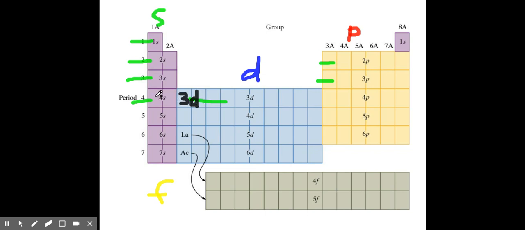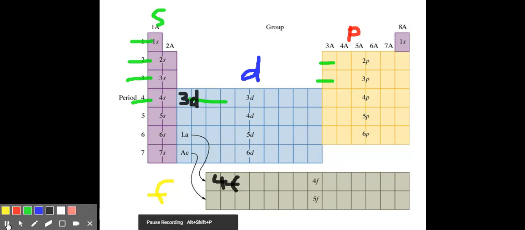Even though it's in the 4th period, this is 3d. This will help you keep track. And likewise, whenever we get down here, this is 6s, this says 5d, this will be the 4f right here, okay? And this is the 5f.